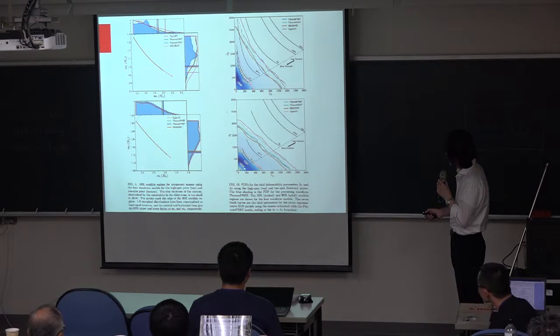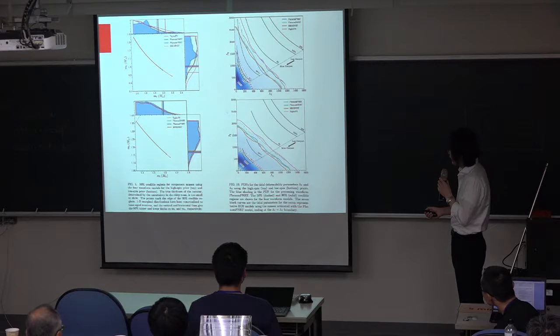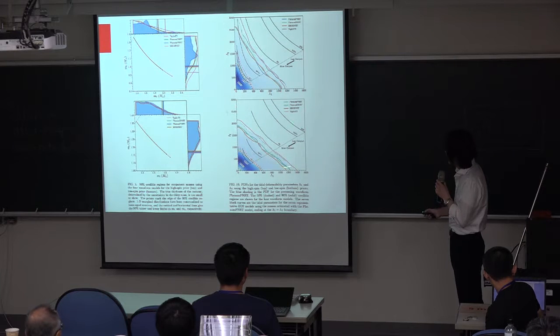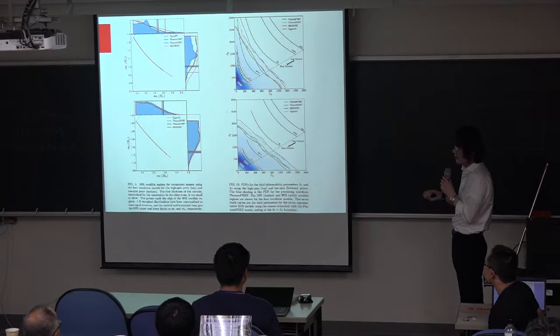They need to be within this range to make sure the theory is consistent with the observation. So here you could see that most of these known equations of state are already ruled out by this observation, because the tidal deformability needs to be around something like 500. So most of the known ones are ruled out.